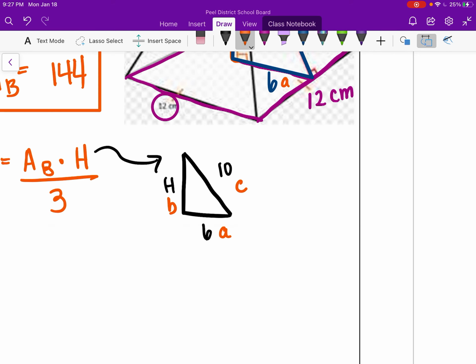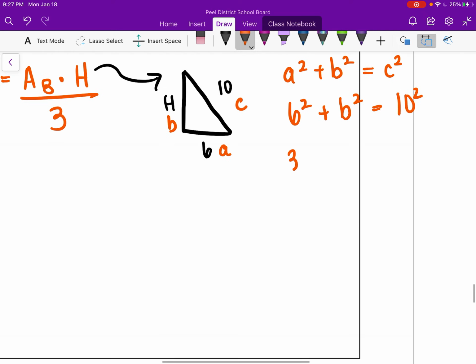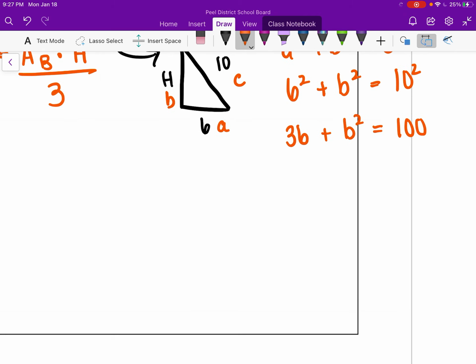So I know that A squared plus B squared equals C squared. So I'm just going to start putting stuff in. A squared plus B squared equals 10 squared. 6 squared is just 36 plus B squared. And again, if you need to use your calculator, power to you, go for it. I can just do this in my head. So 36, I want to move it to the other side.